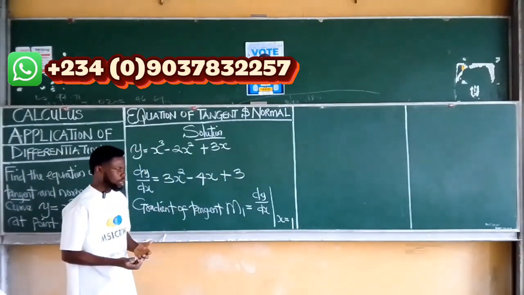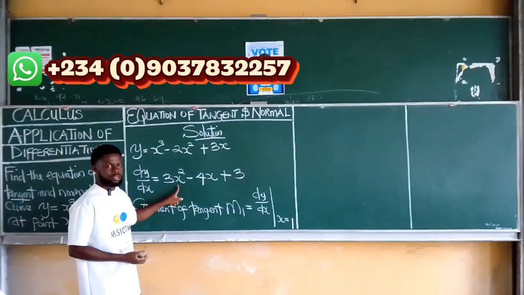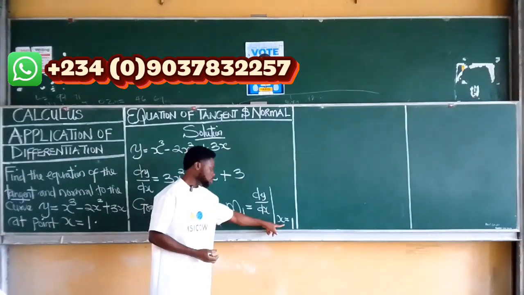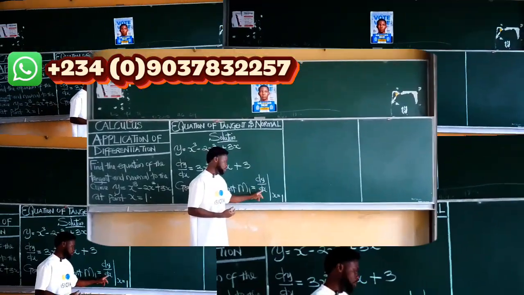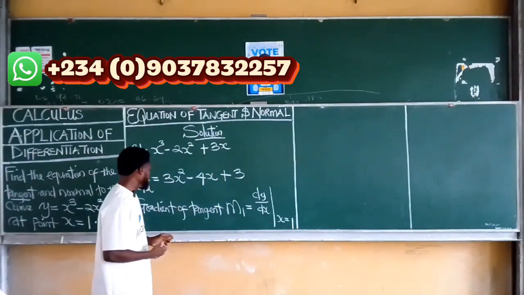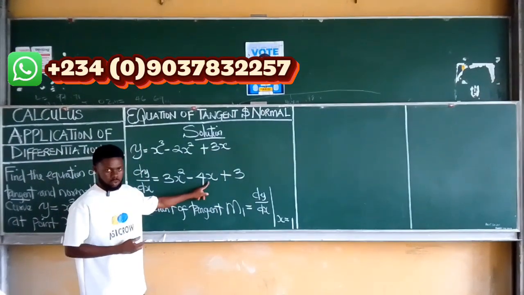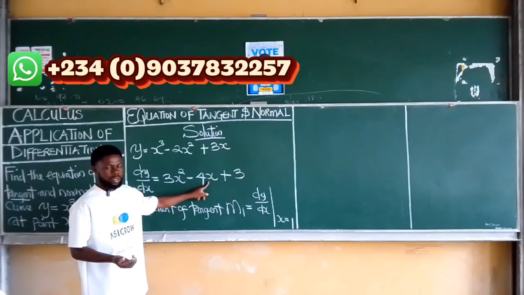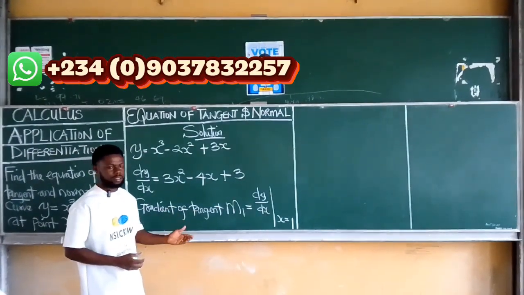That means I am going to substitute 1 into dy over dx. Since x is given as 1, I'm going to replace this x by 1, replace this x also by 1. In that way, I will obtain the gradient of the tangent.